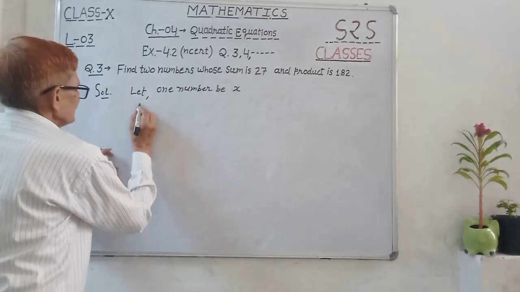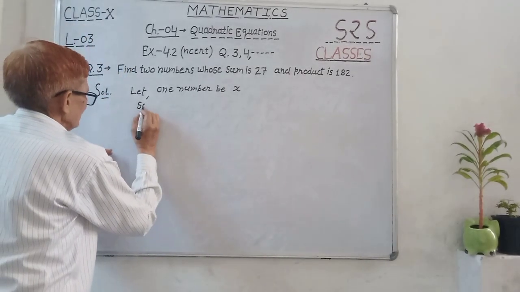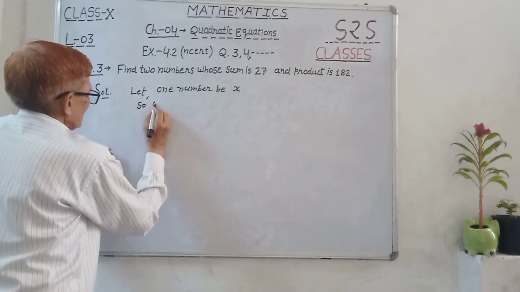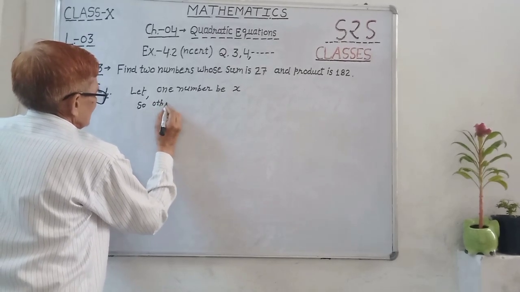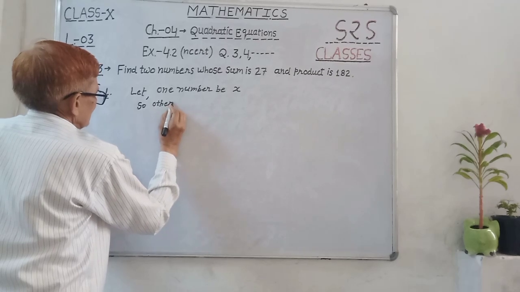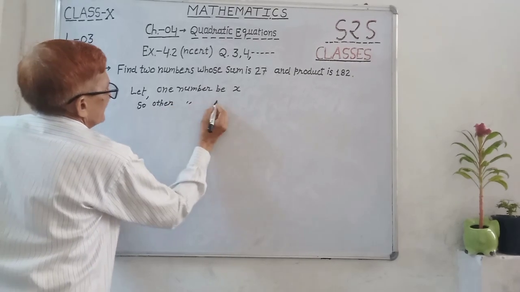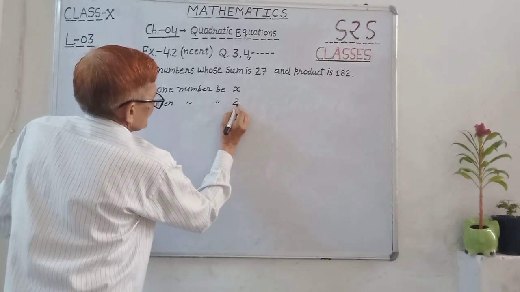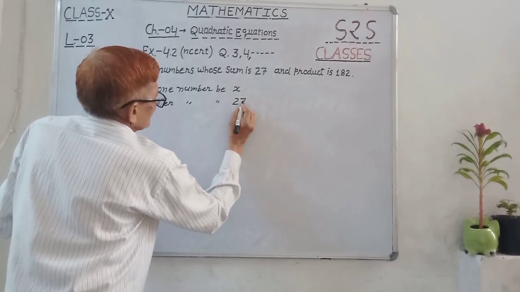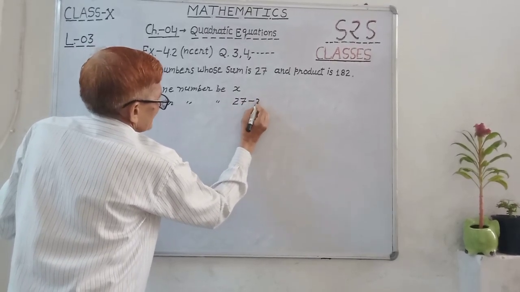The other number is the sum of both minus one number.